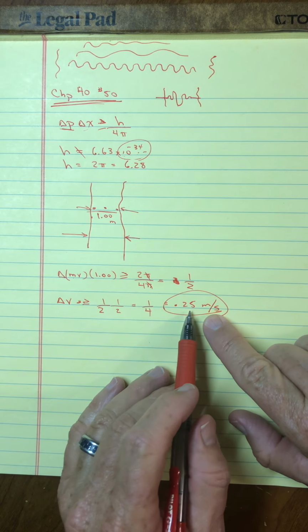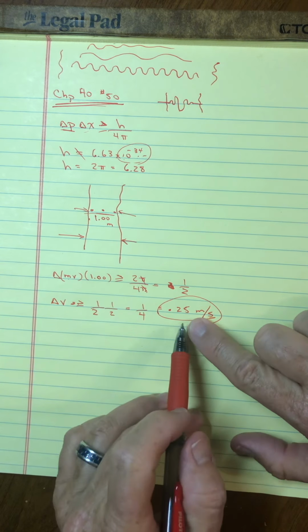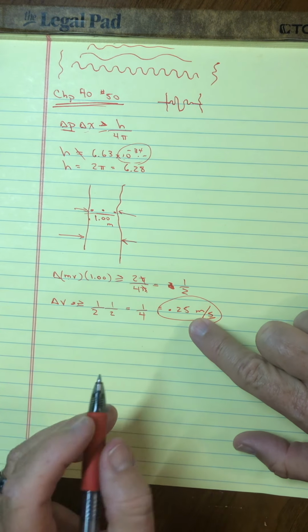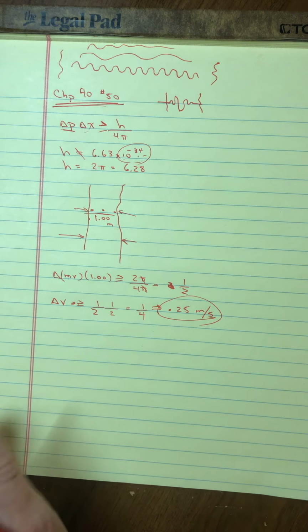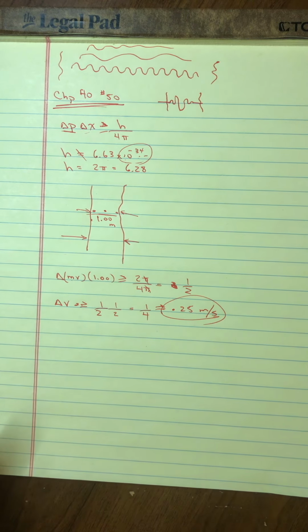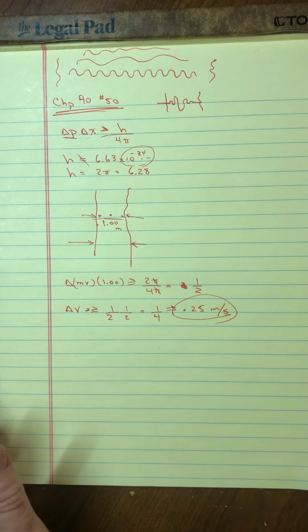So Fuzzy is moving one way or the other, at least, maybe even greater than, but at least 1/4 of a meter per second. And so if Fuzzy was definitely in the pond, there's a good chance Fuzzy is not in the pond anymore, because that would be the uncertainty of it.